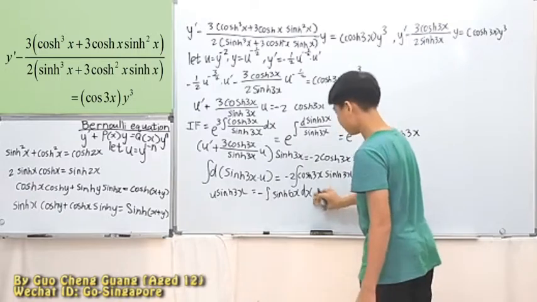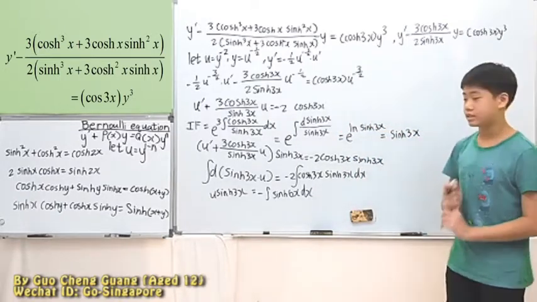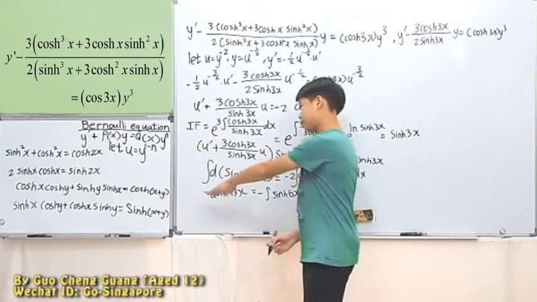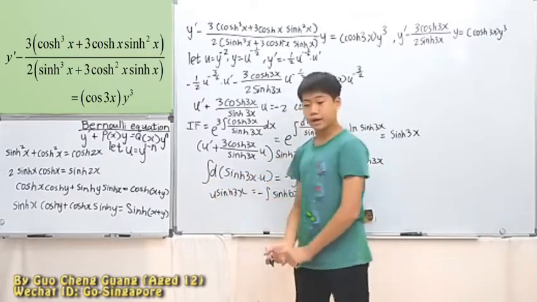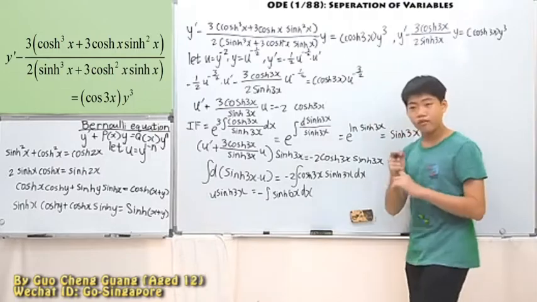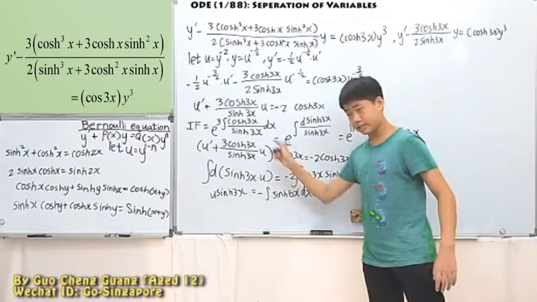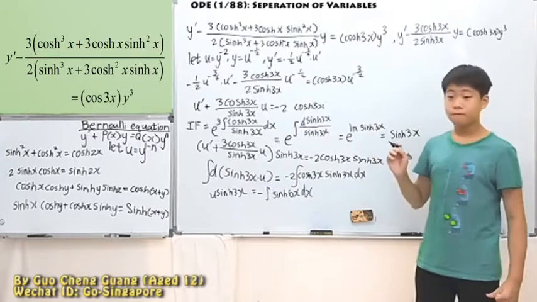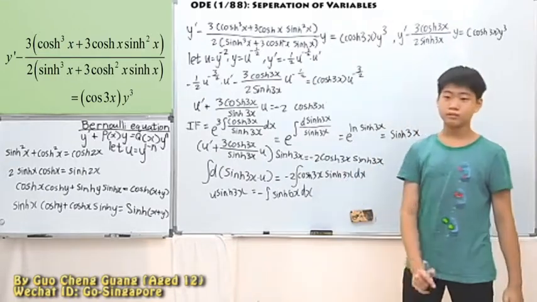Wait a second. I think you still need something. Why do you still need that something? Here you integrate already, right? Since you have integrated one part already, that means you need to have that integrating constant.